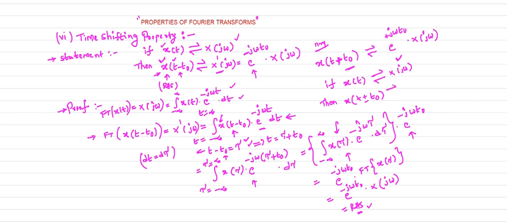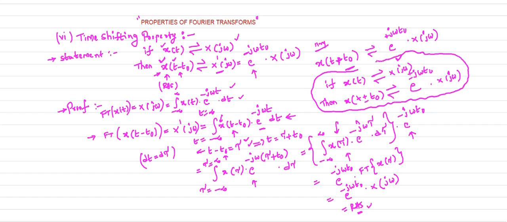That is your shifting operation. Therefore it is e power j omega t naught, plus or minus, into X of j omega. This is the generalized statement for the time shifting operation.